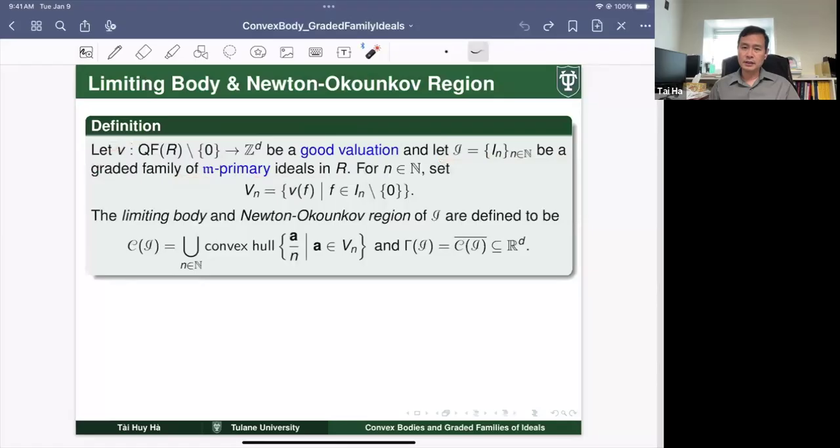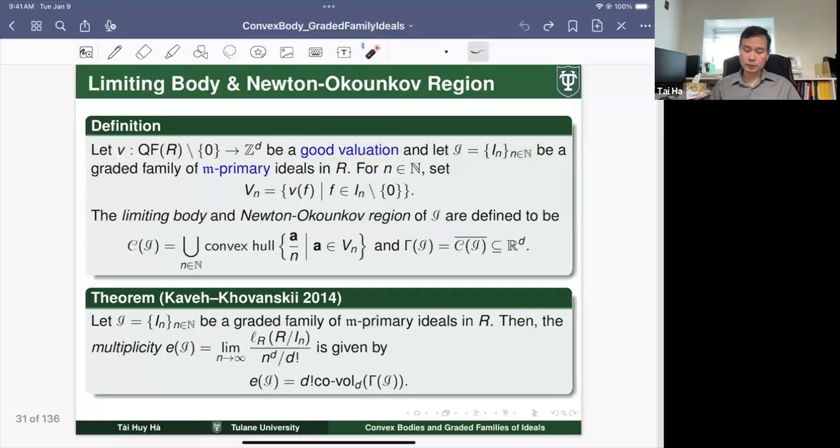Then we can collect the values of the nth elements inside this family, the value sets of the nth elements, and scale them down by n and take the union, and that's what we call the limiting body of this family with respect to this good valuation. And taking the closure of that, we get what we call the Newton-Okounkov region of the family with respect to this good valuation.